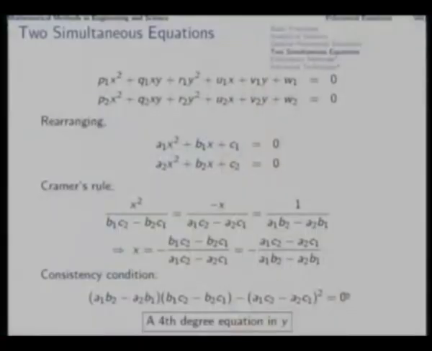Now, for x, that is the condition, but for y, what is it? As you equate this to 0 and insert b1, b2, c1, c2 as expressions of y from which they were earlier found, then this will turn out to be a 4th degree equation in y. If you solve that 4th degree equation for y, then in general you get 4 different solutions.